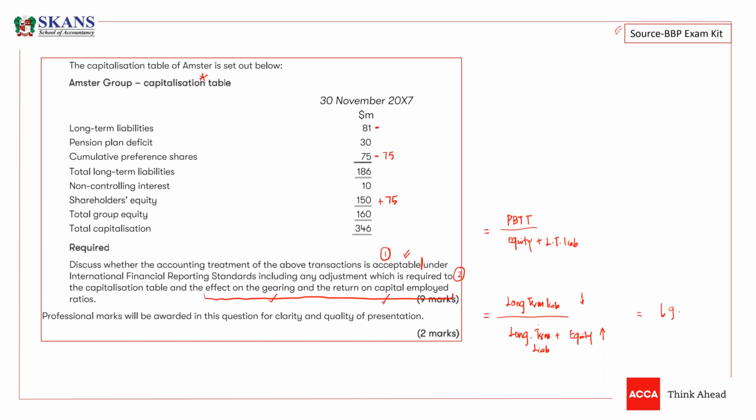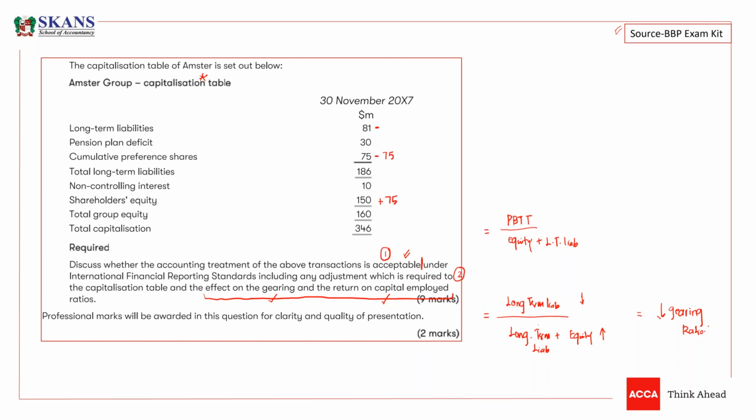The gearing ratio will decrease. Although the examiner didn't ask you to calculate the gearing ratio, you can calculate it before adjustment and after adjustment, and you can give them the exact impact. The gearing ratio will definitely decrease.